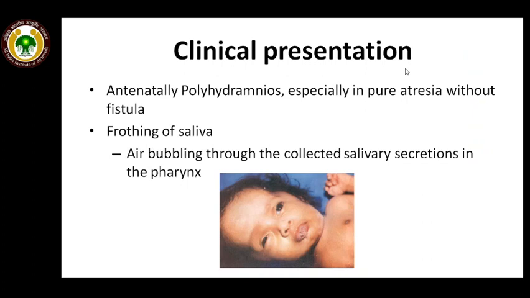So let us discuss what are the clinical features of this tracheoesophageal fistula. Antenatally there may be polyhydramnios, especially in those babies with pure atresia without fistula. Frothing of the saliva, as you see in the figure, is the most characteristic feature, due to the air bubbling through the collected salivary secretions in the pharynx.